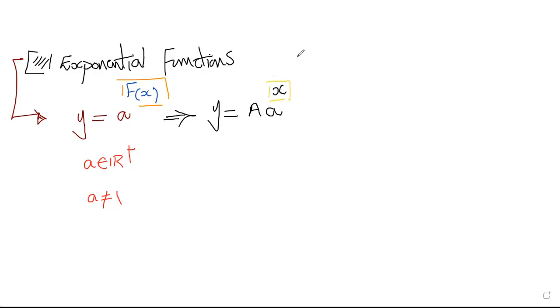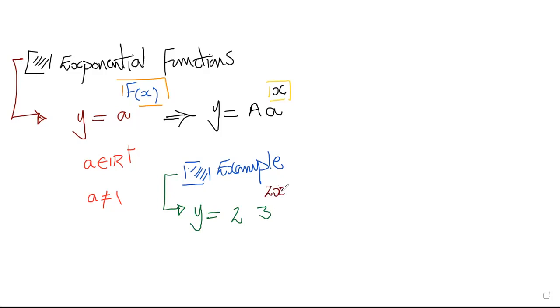Now, as an example of how to plot this function, I'm just going to do one quick example. The function is going to be y equals, for example, 2 times 3 raised to the power of 2x.